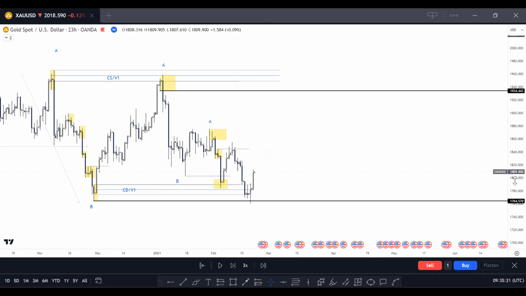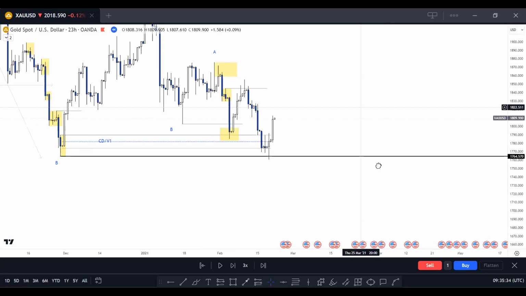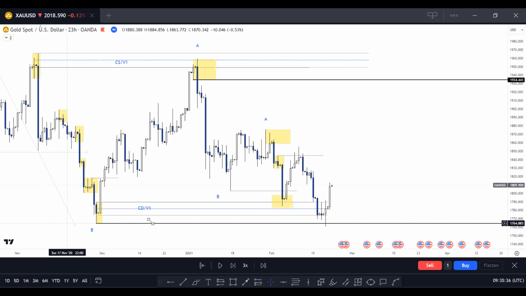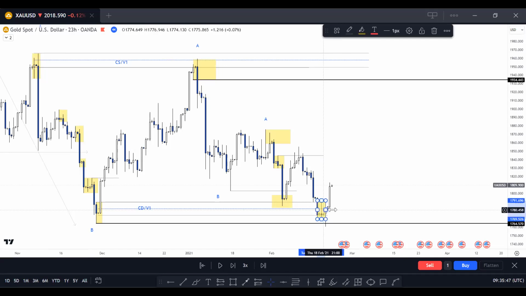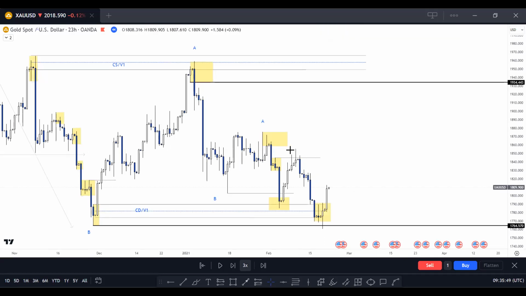Okay, so let's find out. We've broken a major structure point. Now the question is, is this B? But the idea is that this is a range, right? And this range did not create any impulse to break B. Very key stuff.